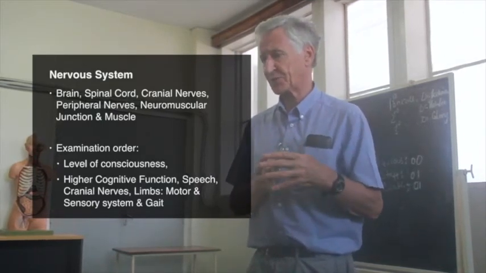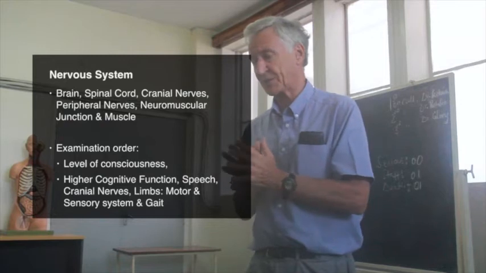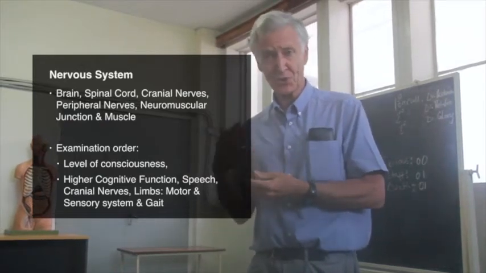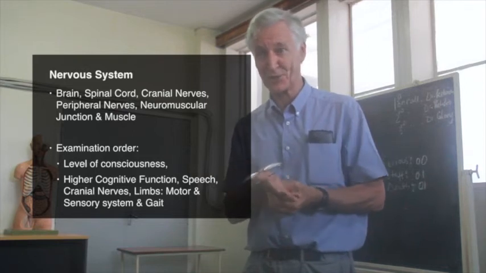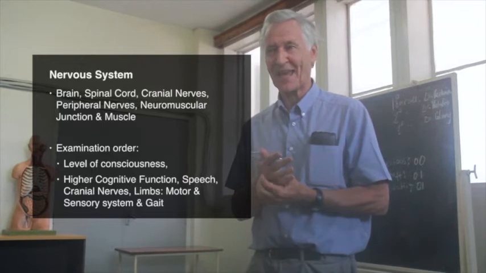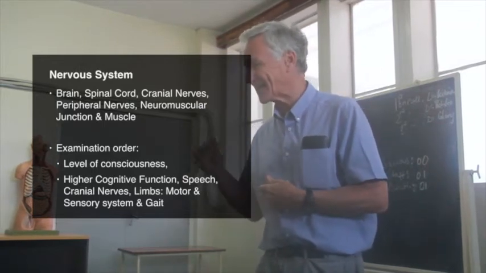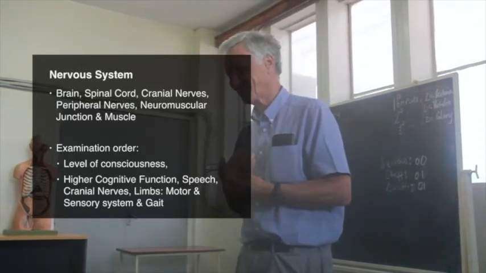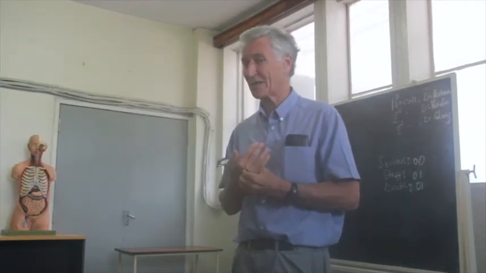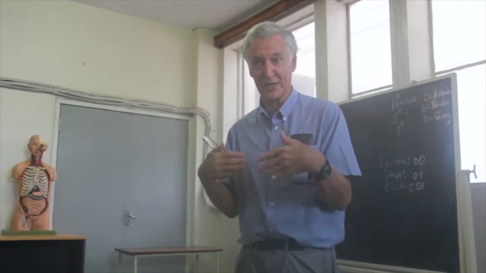Effectively, medical students will be examining the cranial nerves, the limbs, upper and lower, and gait. But you're also examining a live, conscious patient. In other words, you're assessing consciousness. And at the same time, you're assessing mental function. And in addition, you're assessing what we call cognitive function, what we are doing now, learning.